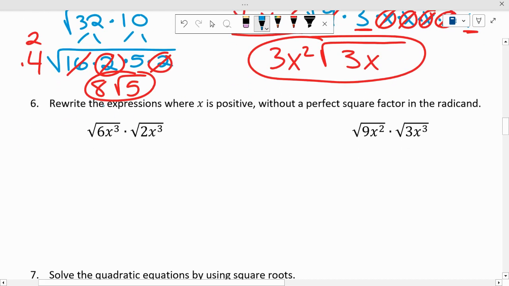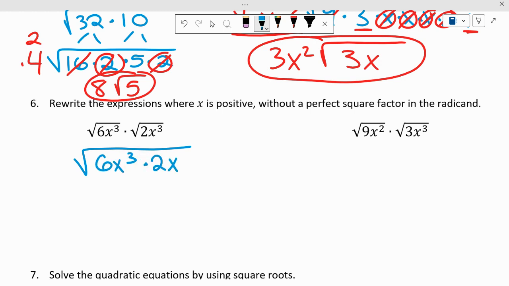Number 6 says rewrite the expressions where x is positive without a perfect square factor in the radical. Again, that just means simplify. So I'm multiplying two radicals. First thing I'm going to do is combine them under one radical. And then from here, we're not actually going to multiply them, we're going to break them up.